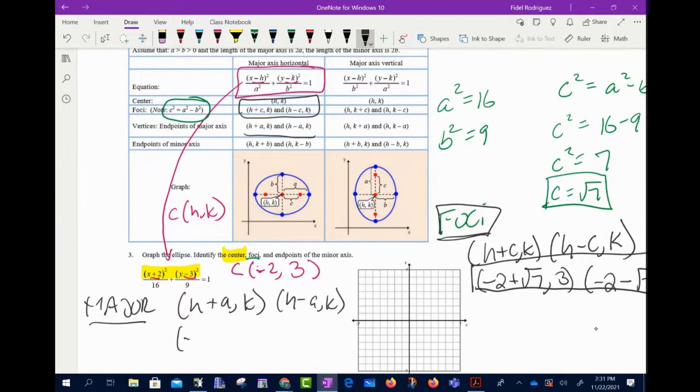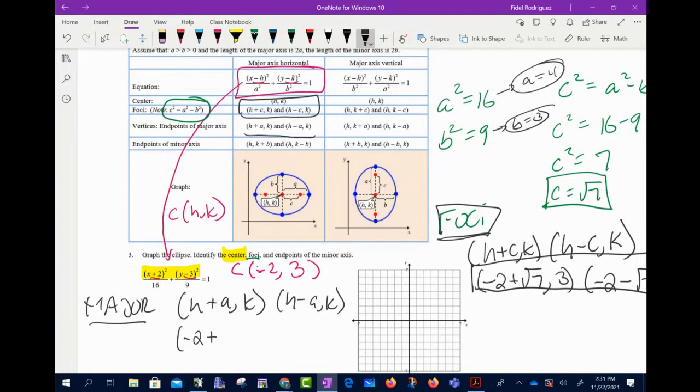So we said h was negative 2. Let me ask you a question. If a squared is equal to 16, do y'all agree that means a is 4? And if b squared is equal to 9, that means b has to be equal to 3?